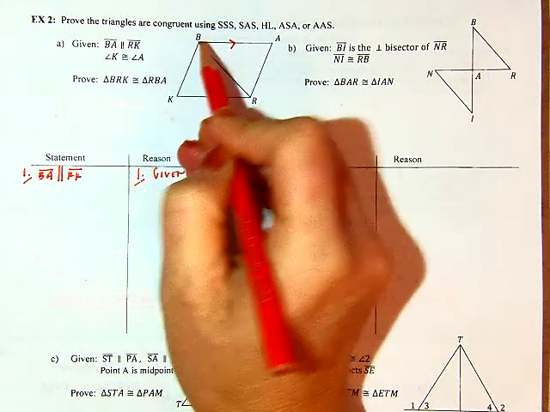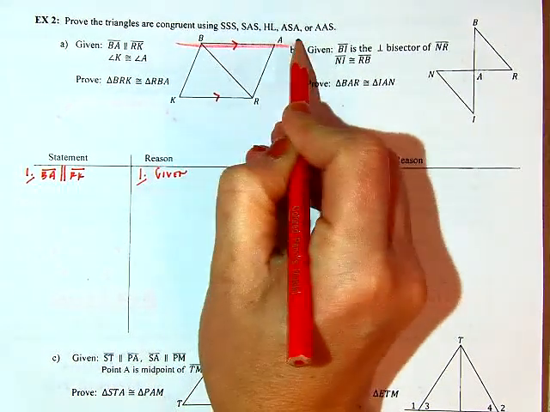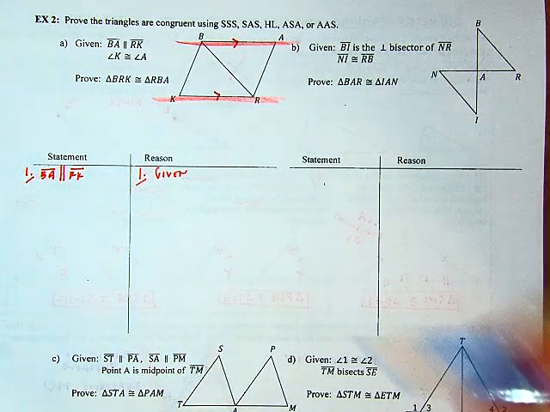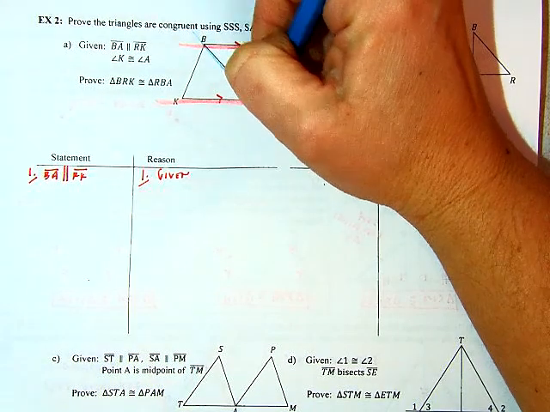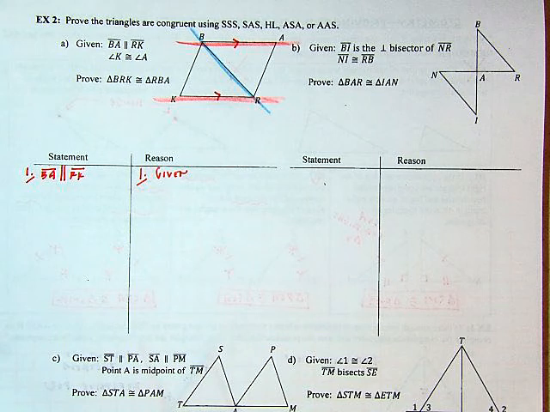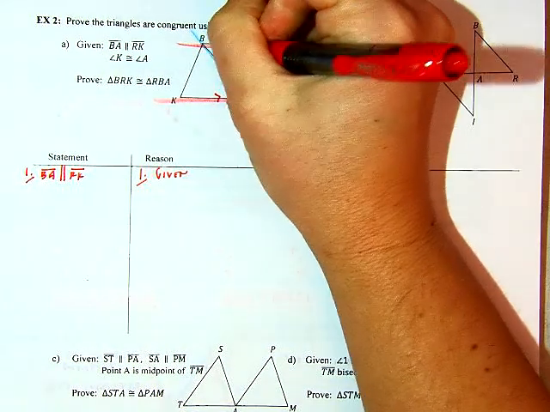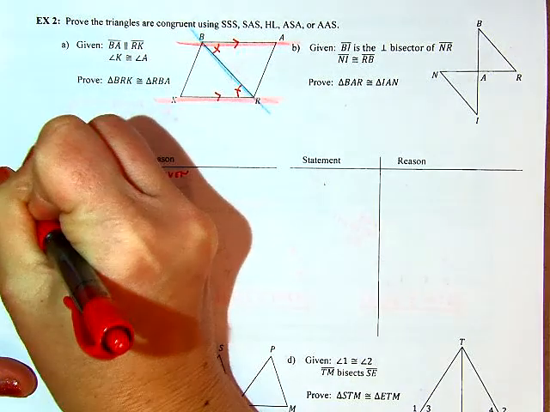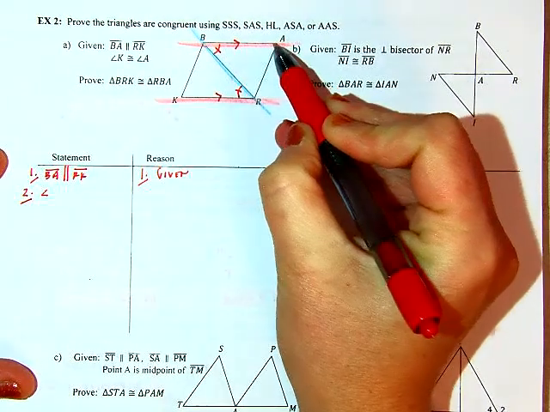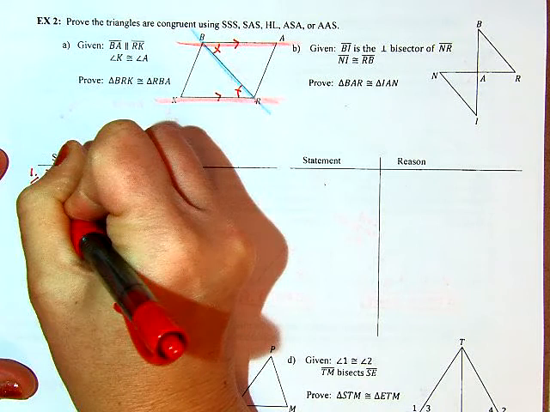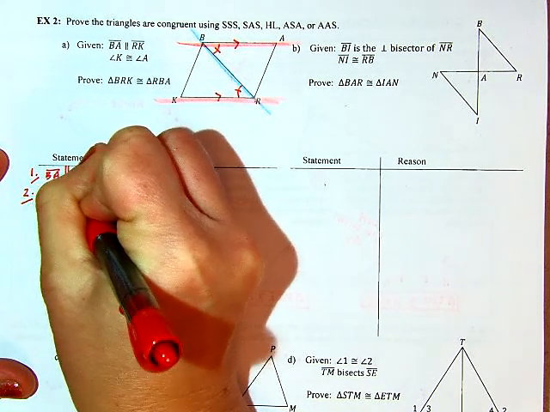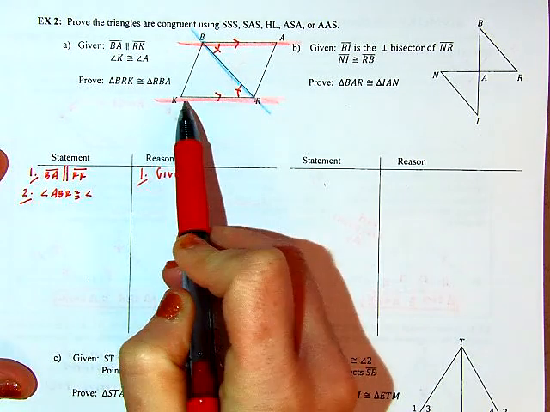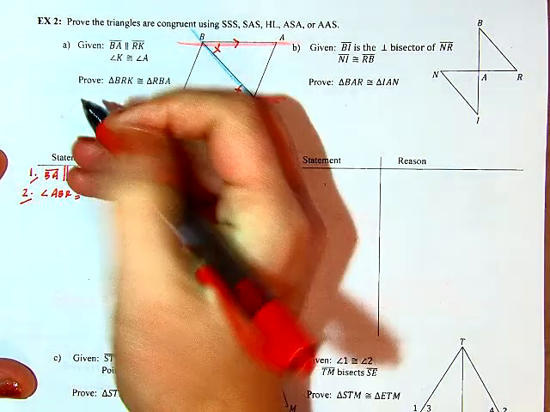All right, so I have the parallels. Okay, I have a transversal then. And then I can see that, oh, I have these alternate interior angles here and here. So now in 2, I can say that angle ABR, so ABR will be congruent to KRB.